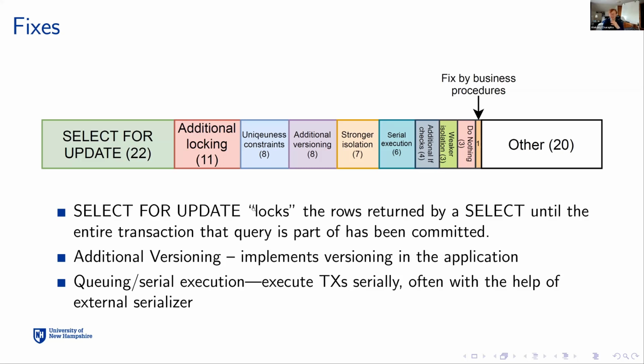So that's essentially adding locks, but this locking exists at the database level. The second most common fix is additional locking, but those are locks that may exist at the application side. These first two fixes are really about locking the data and managing that concurrency that way.